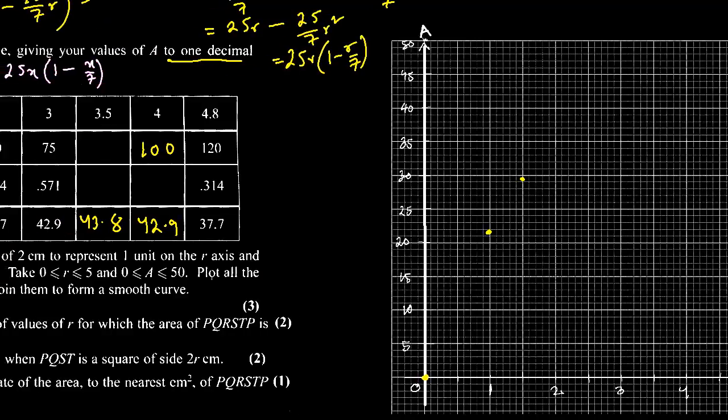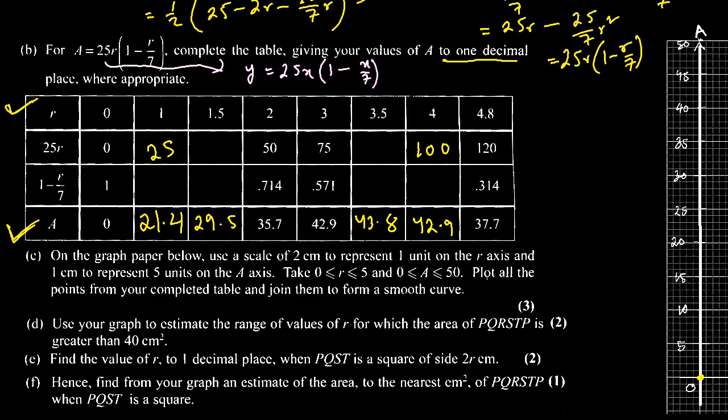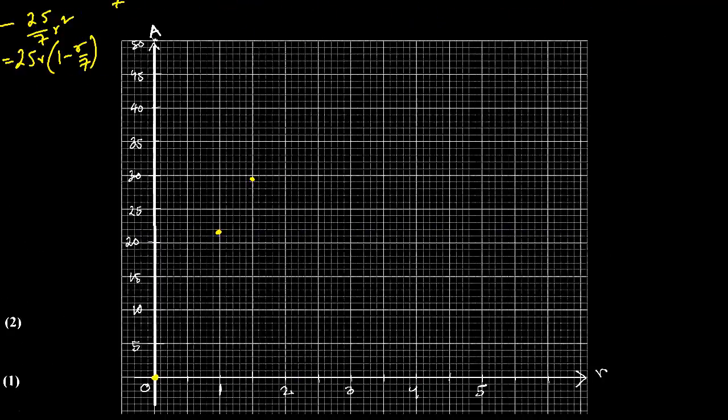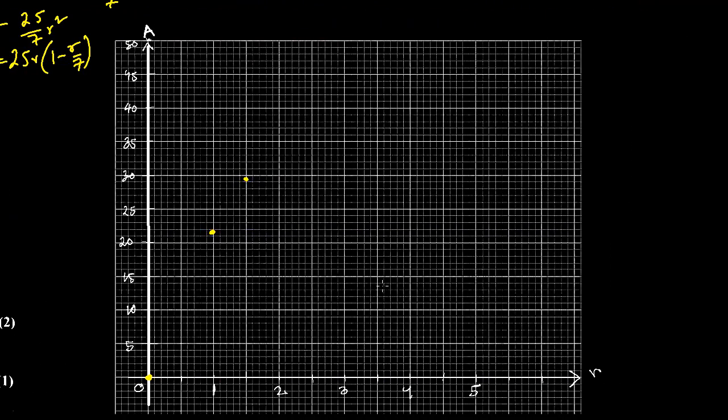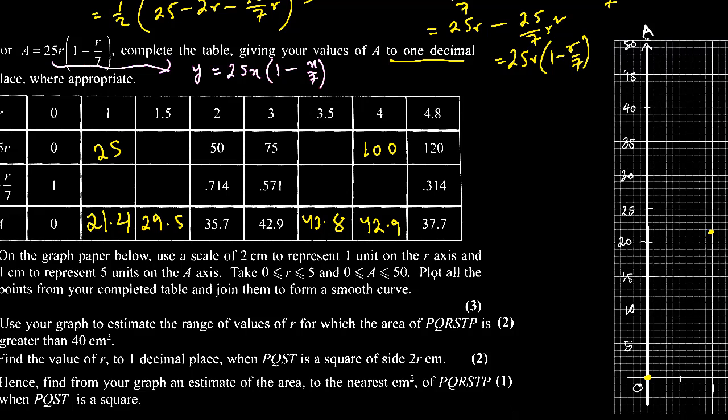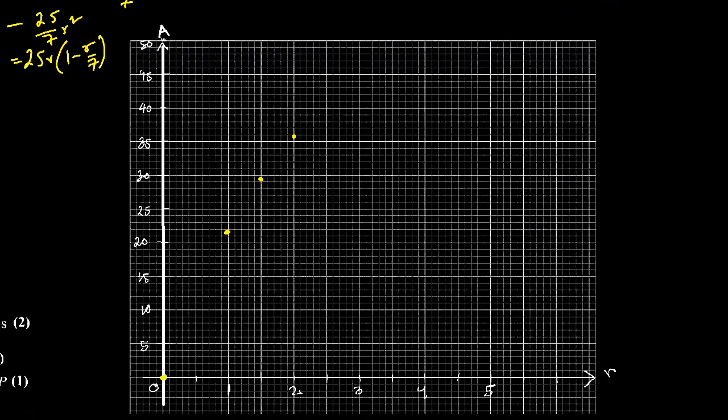Then when the unit is 2, we have 35.7. So when the unit is 2, we have 35.7, less than 36, so somewhere around here. Next, when we have 3, we have 42.9.